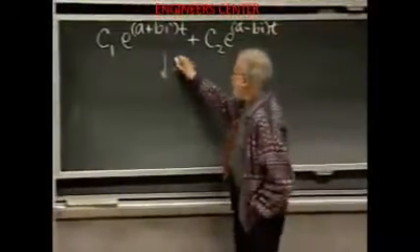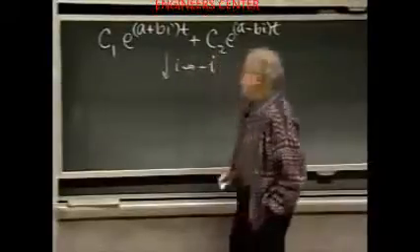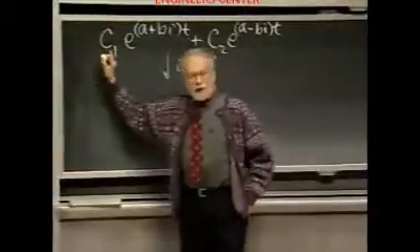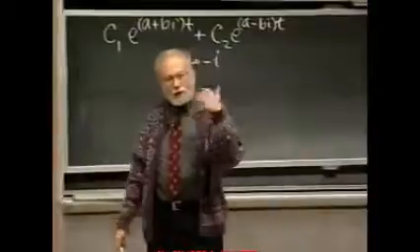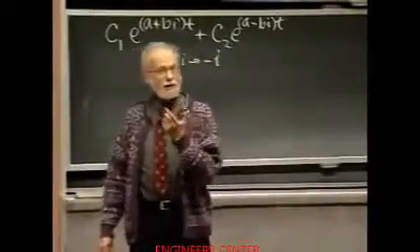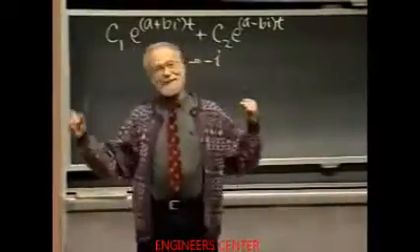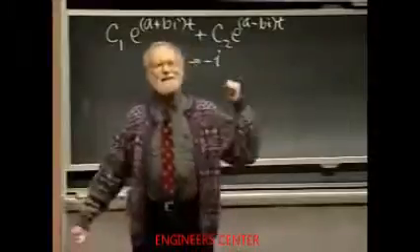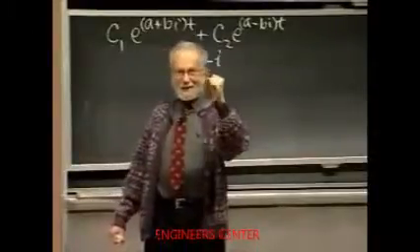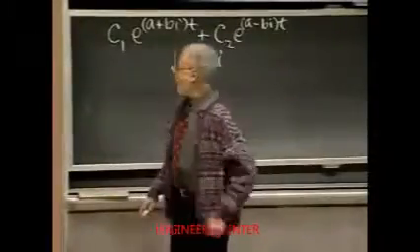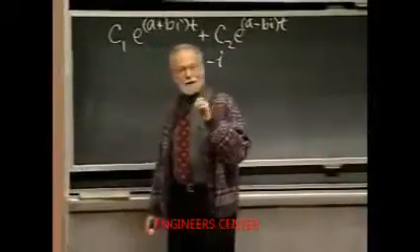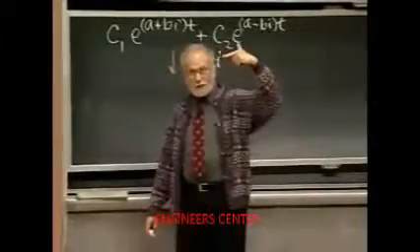Okay, we're going to change i to negative i. Now, here's a complex number. What happens to it when you change i to negative i? What do we change it into? Its complex conjugate, right? And the notation for complex conjugate is you put a bar over it.